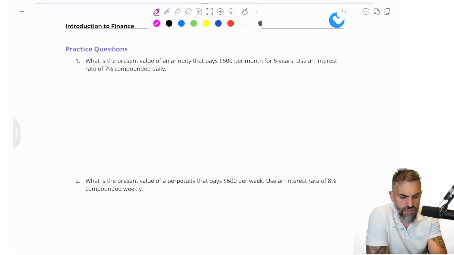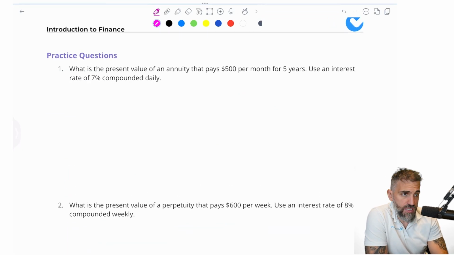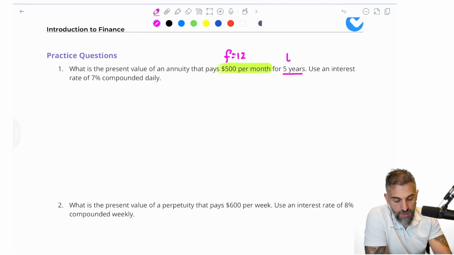All right, let's do a few exercises on that. So what is the present value of an annuity that pays $500 per month? So let's start breaking this down. First thing you want to spot is the frequency of the payment. So $500 per month, that's the frequency of your payment. That's F. So F is 12. 5 years. Okay, that's T, your number of years.